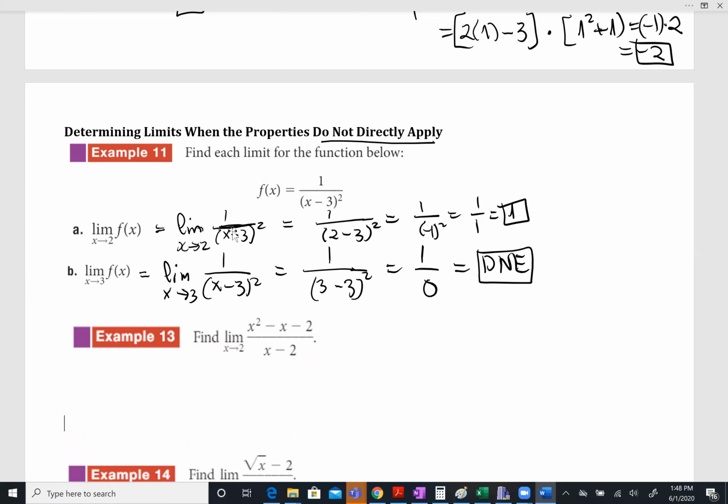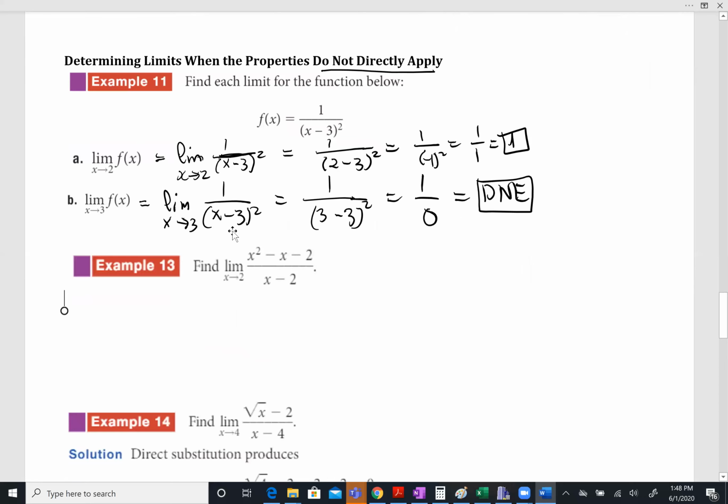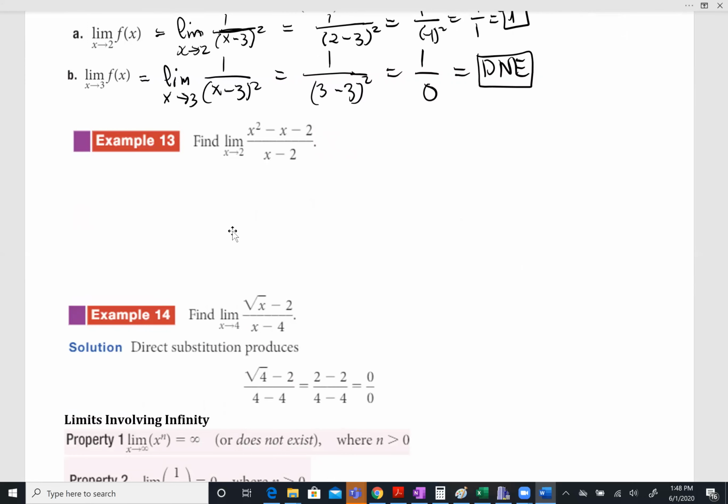Move to example 13. Let's do two more examples here.